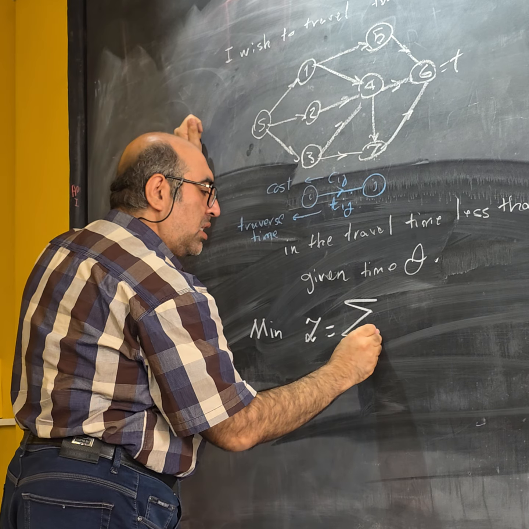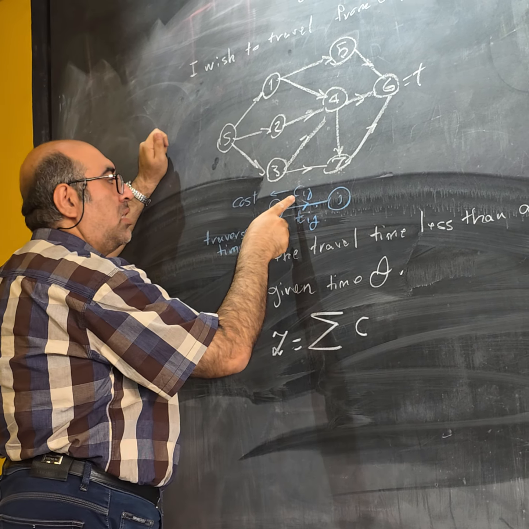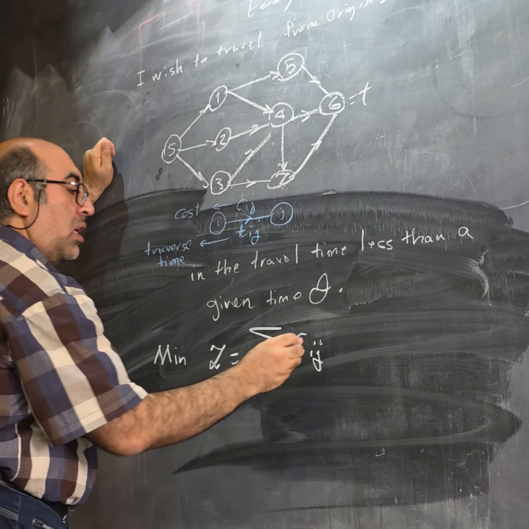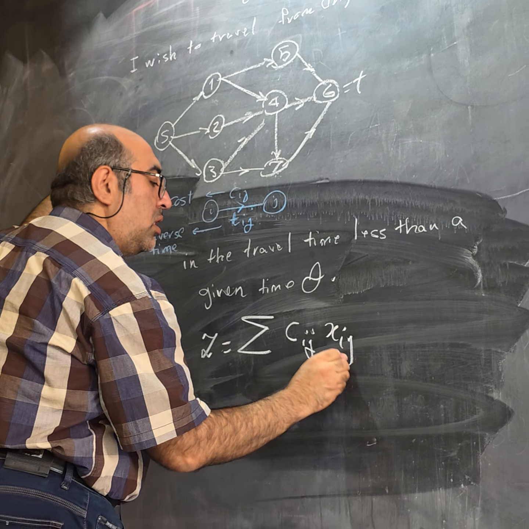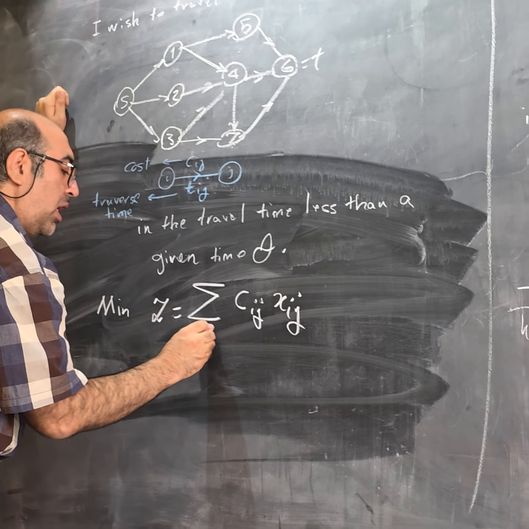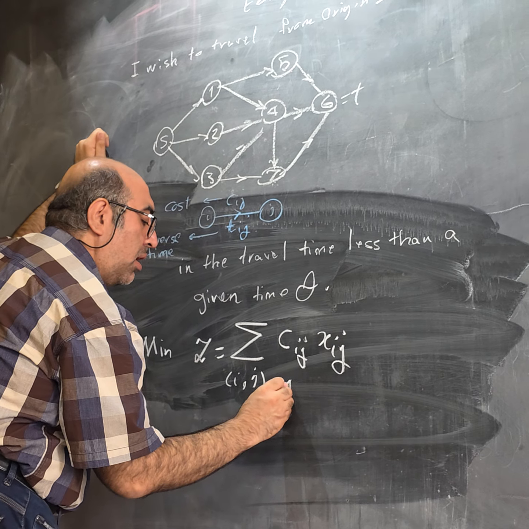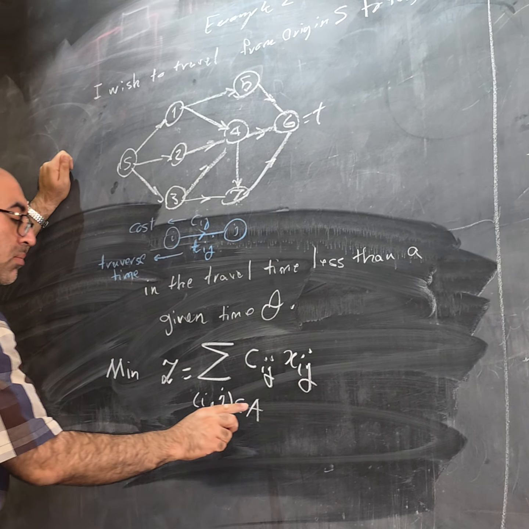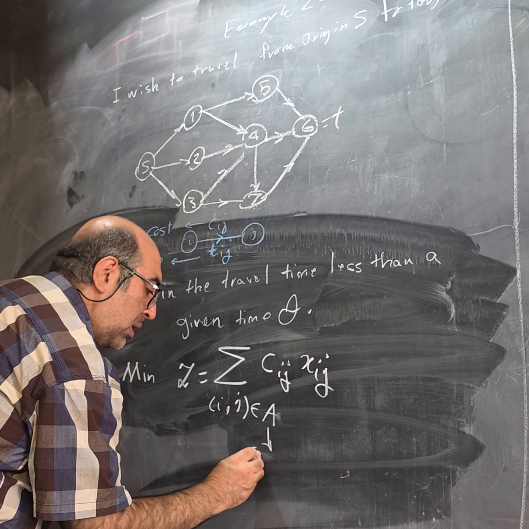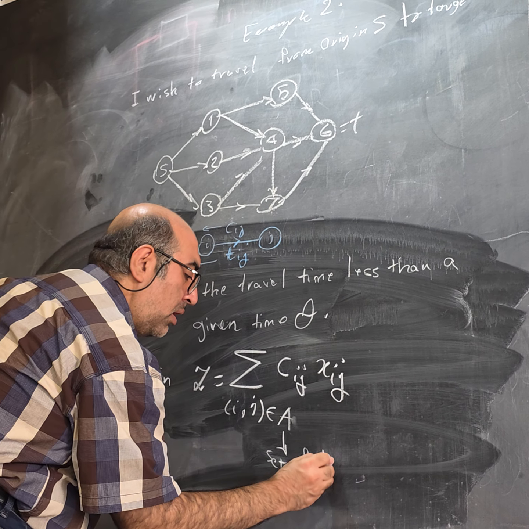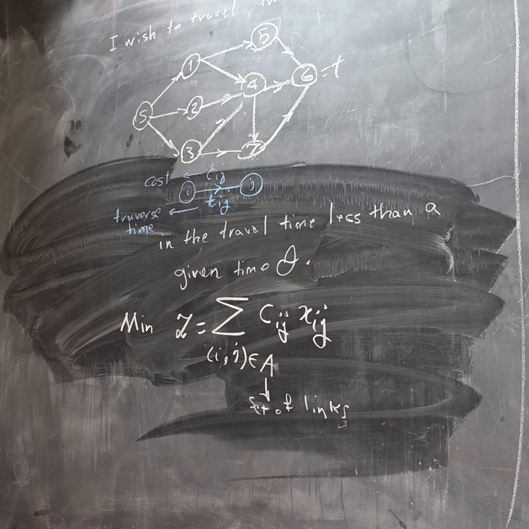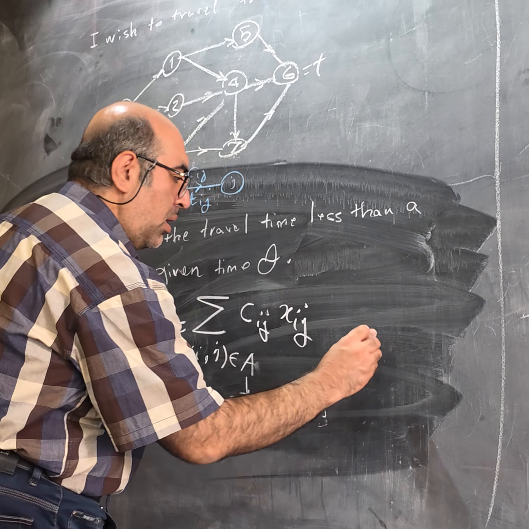The path cost is the summation of Cij, the cost of any link, multiplied by Xij, when i and j belong to the set of links A. What's the meaning of Xij?